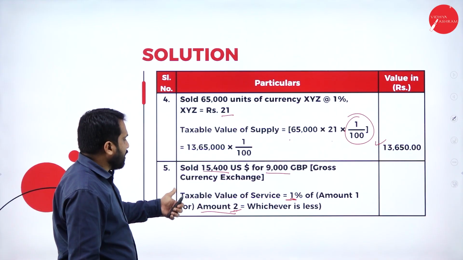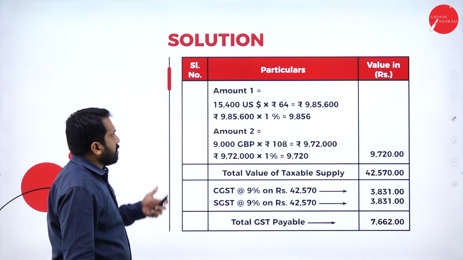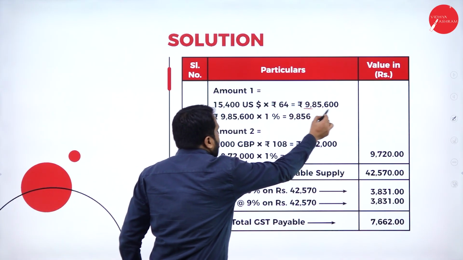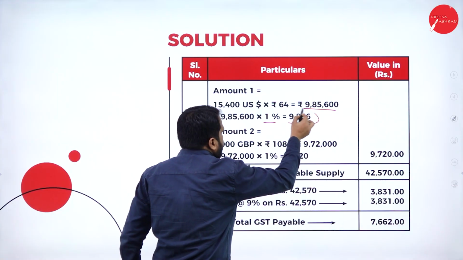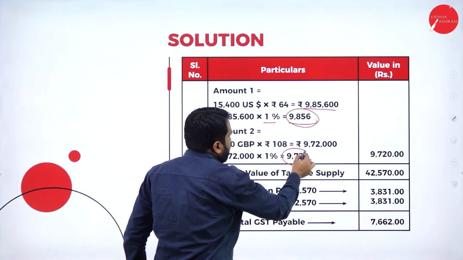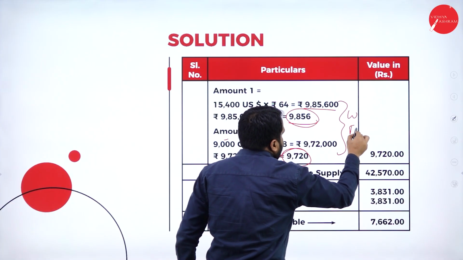Whichever is the lesser amount, on that you have to calculate 1%. So, amount 1 is lesser. You take 9,85,000 into 1%, 9,856. And amount 2 value is 9,720, whichever is lower.